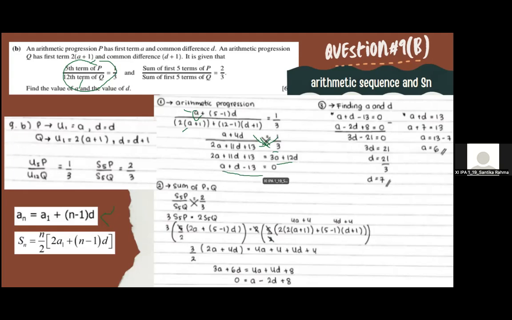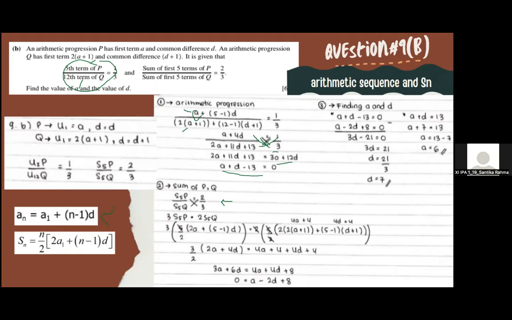The second part, we use the sum of P and Q. We put this into this equation and we cross multiply it with the 2/3.